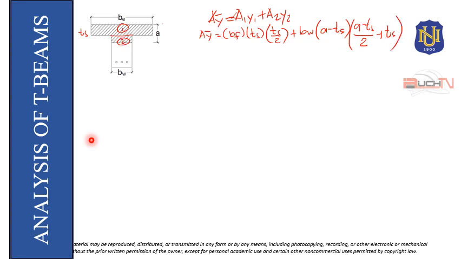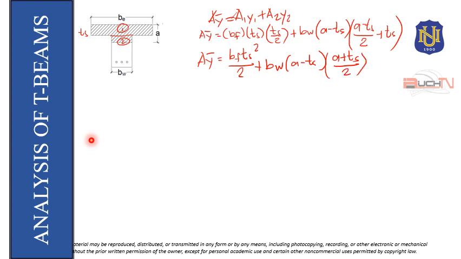So, mapapansin natin, if we simplify this one, this will be A y bar is equal to bf ts squared over 2 plus bw times a minus ts. Tapos, ito will be a over 2, kasi ito a over 2 lang. So, negative ts over 2 plus ts, that will be positive. So, that is positive ts over 2.